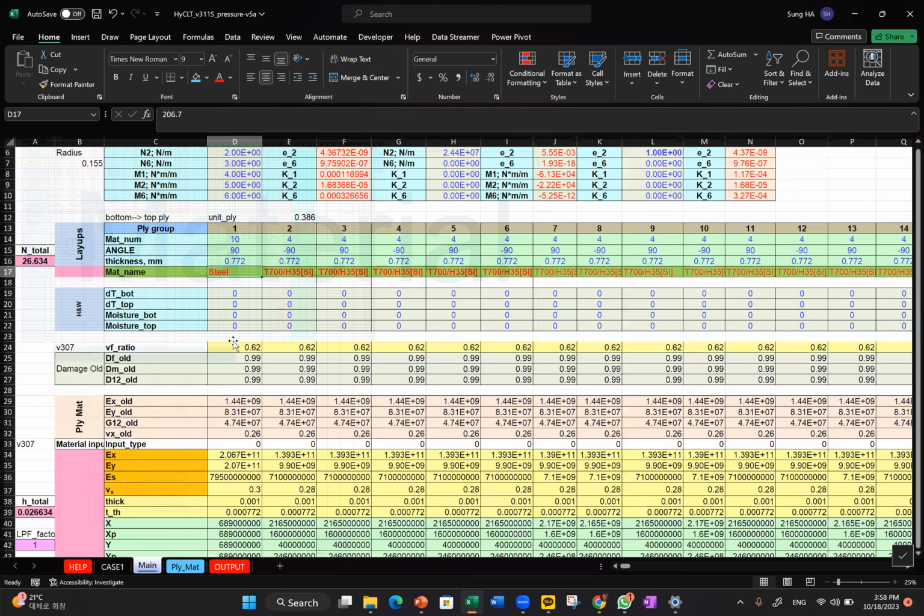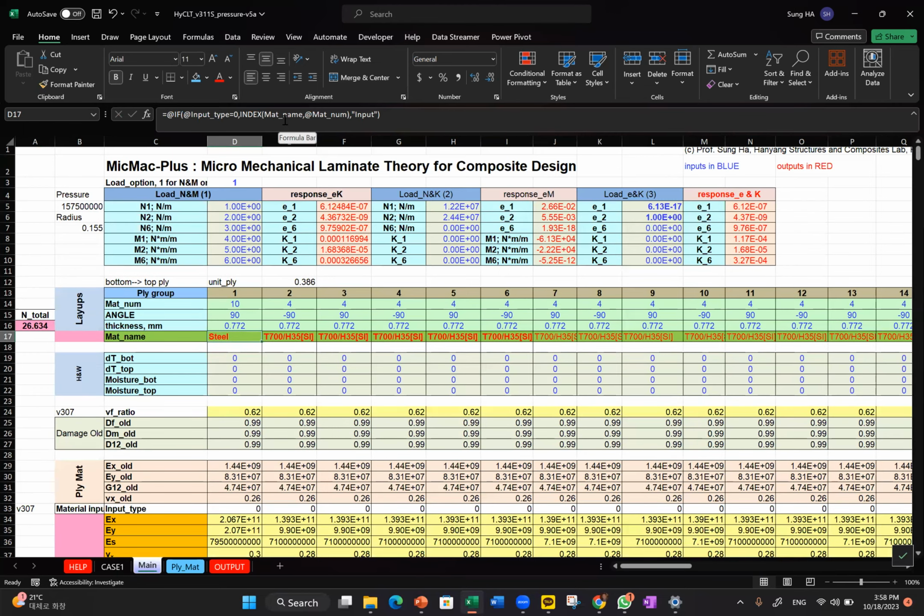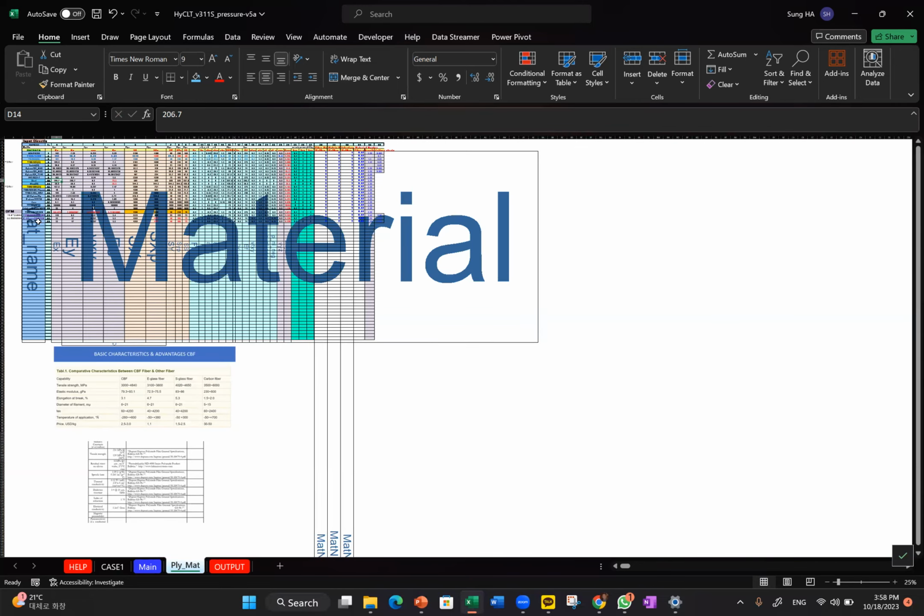As you can see here, material name. It has a material name. As you can see, the first column represents the material name. You can read it here, right?